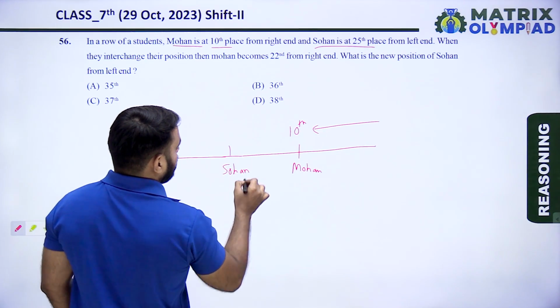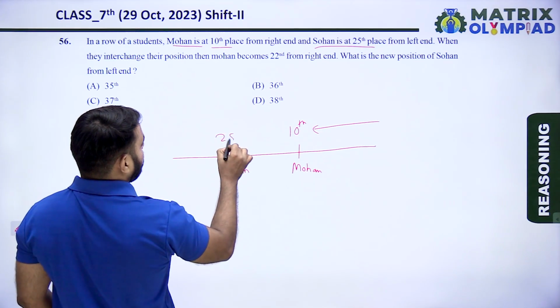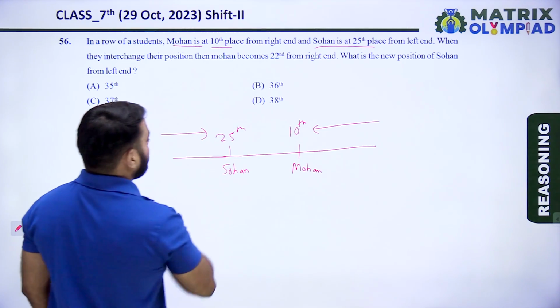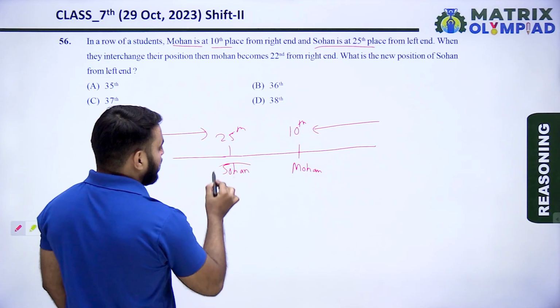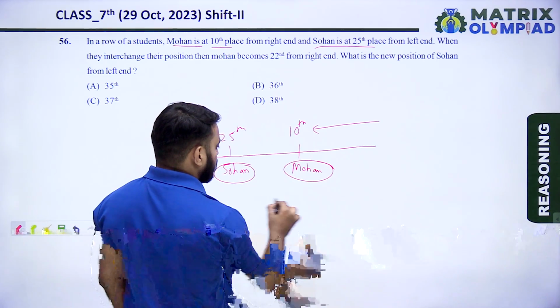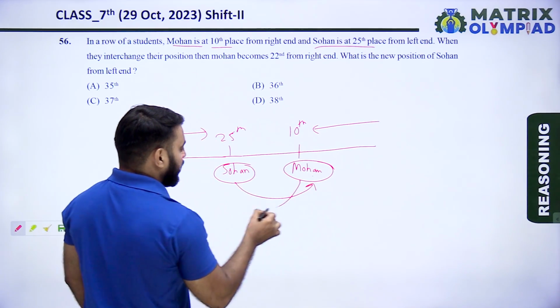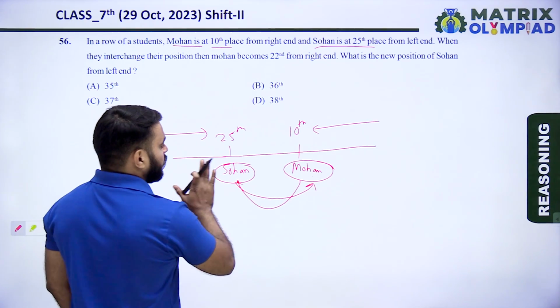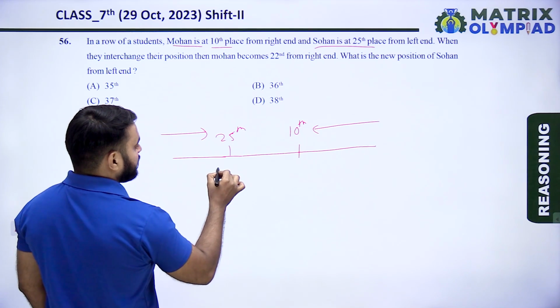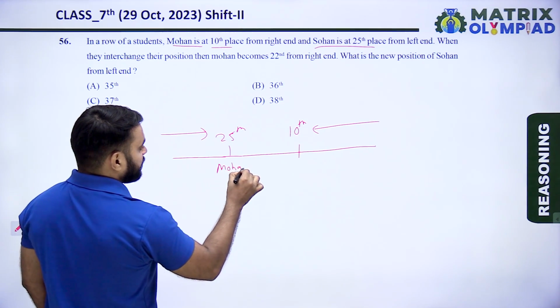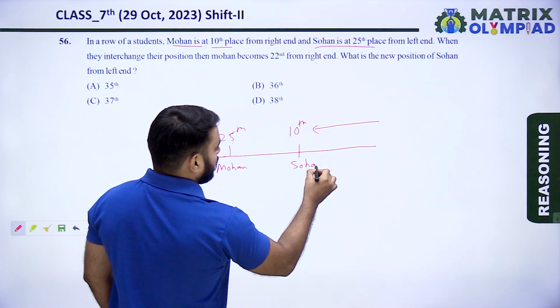Sohan is at 25th place from the left end. When they interchange their position, so here is Sohan and here is Mohan. If they interchange their position, so here is Mohan and now here is Sohan.